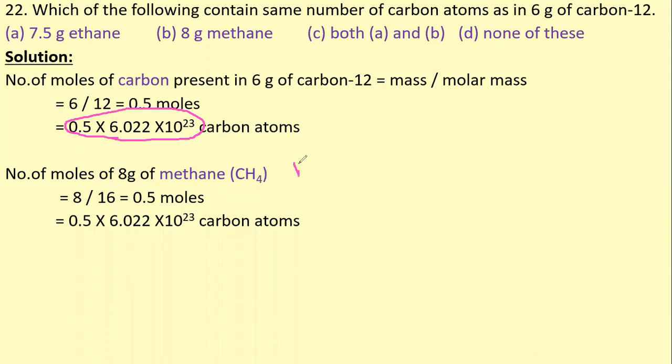We all know carbon is 12 and there are 4 hydrogens, 1 hydrogen is 1, so for 4 hydrogen it is 1 into 4. Totally we get 16. So 8 divided by 16 gives the answer 0.5 mole. We are doing the same procedure as before, correlating the calculated moles with the Avogadro number. After that we get the answer.